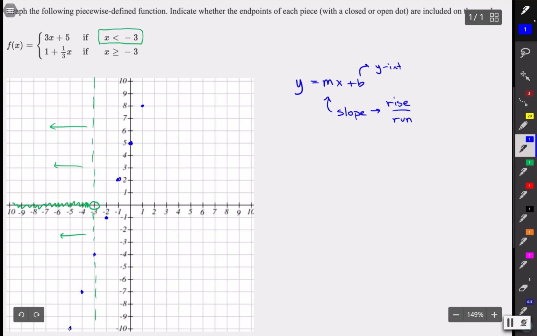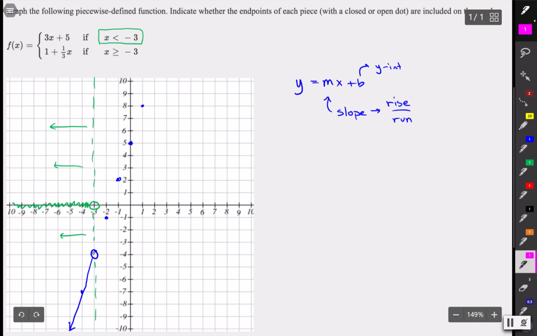So instead of my line looking like this, which would be just the line itself, instead, what it looks like is there's an open circle here. Get rid of that point so it looks better. And my graph continues this direction. So it's only defined on this part.